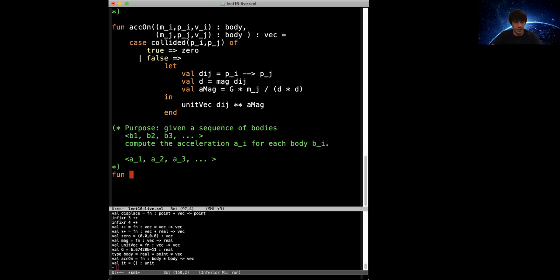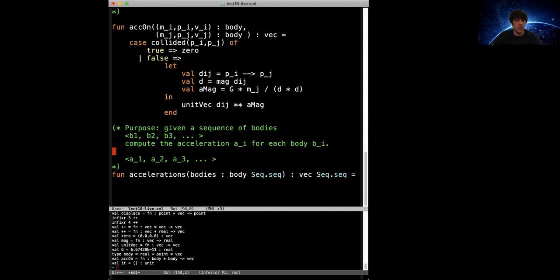So how do we do that? Well, we can define a function, accelerations, which is going to take in the bodies, a sequence of bodies using the sequence type that we talked about last time. And what we're going to produce is a sequence of vectors.